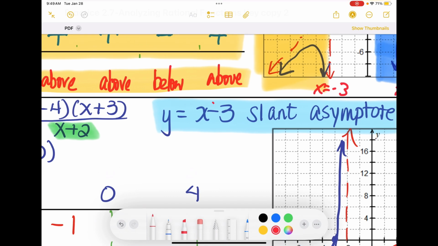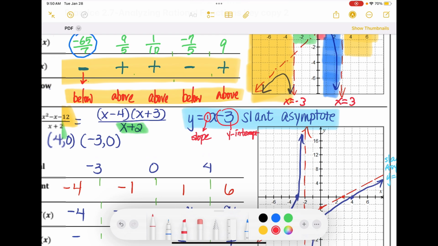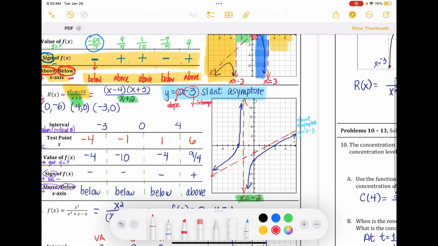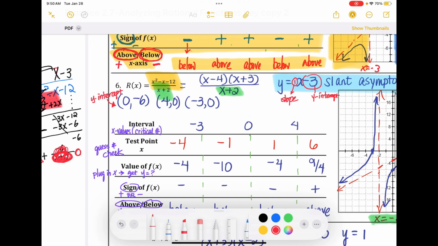The y equals x minus 3 tells me I will have a y-intercept at negative 3, and my slope, as you can see here, is 1. So when you look at my picture, my slope will be 1, up 1 over 1, up 1 over 1, up 1 over 1, and my y-intercept is negative 3. So therefore, my slant asymptote is good in place.